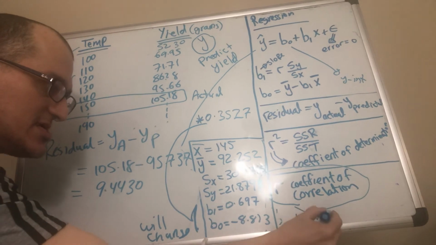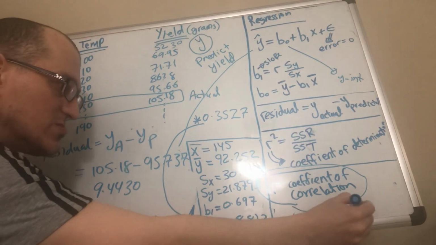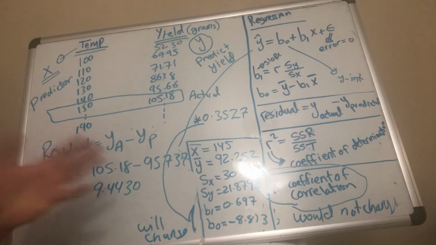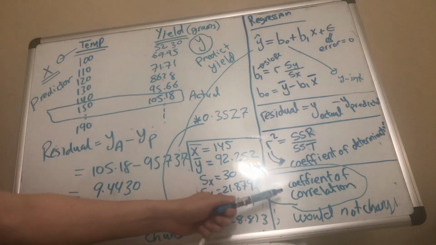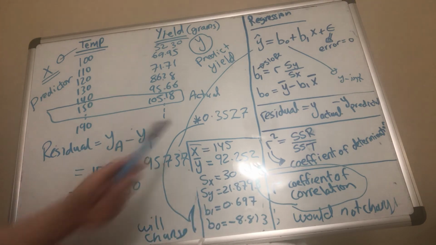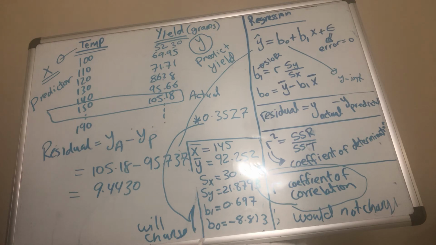It's just an indication of how strong the relationship is, has nothing to do with the unit of measurement, so it's not gonna change. But of course slope and even the intercept will change according to whatever the factor is. This is it for the assignment.